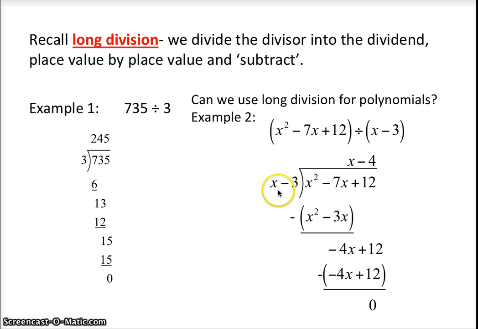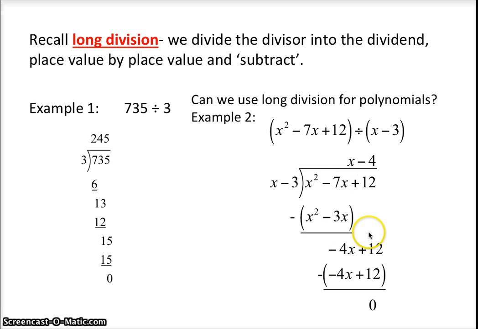We can just look at our first term, multiply x by, to get each place value. So x times x will give us our x squared. We also have to multiply by the other term. So x times negative 3 gives us minus 3x. We subtract this from the line above, so negative 7x minus negative 3x gives us minus 4x. And our x squared terms cancel out.